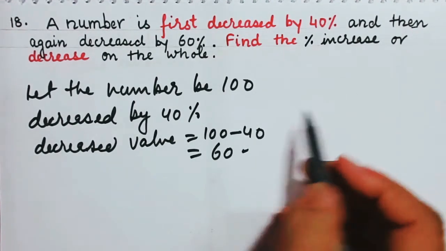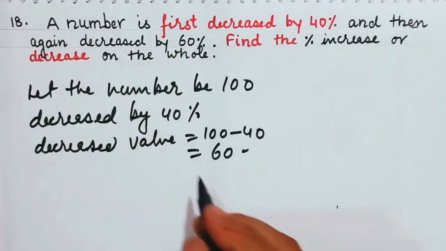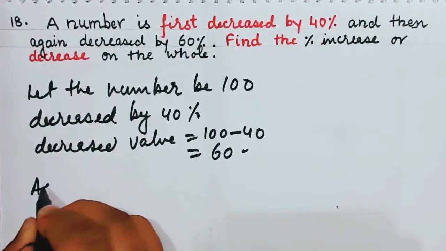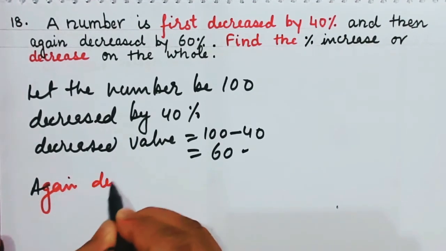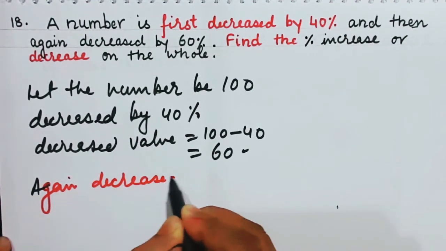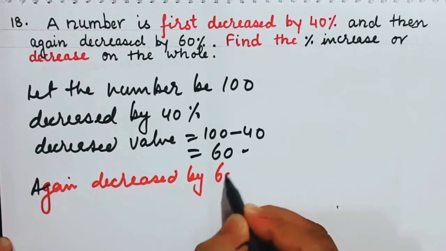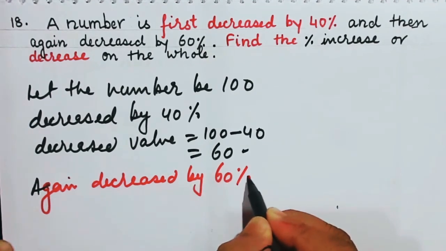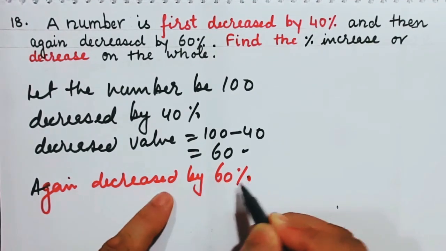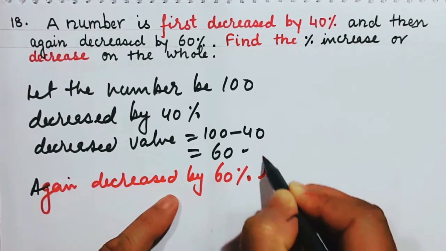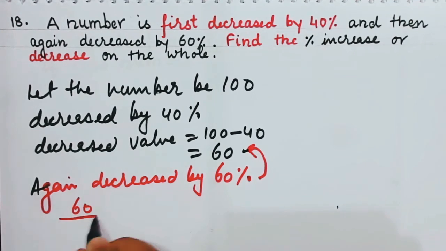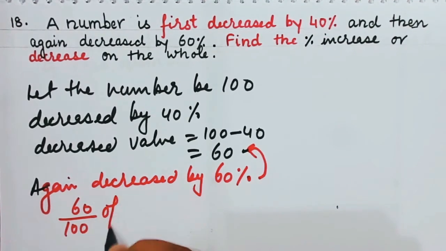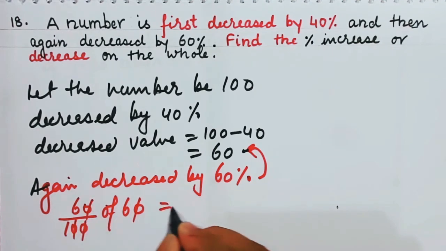And then again decreased by 60%, from this number. So 60% of 60 will give you 36.